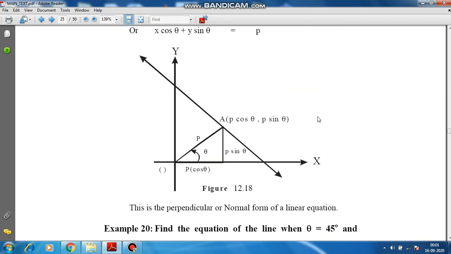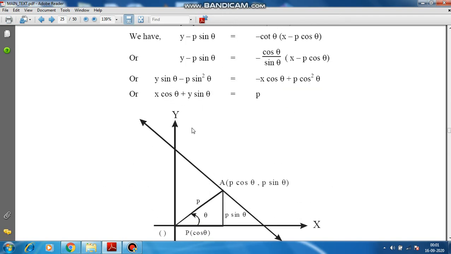For example, if the equation of a line is Lx plus My equal to 3, and it is in normal form, then L square plus M square should be equal to 1.